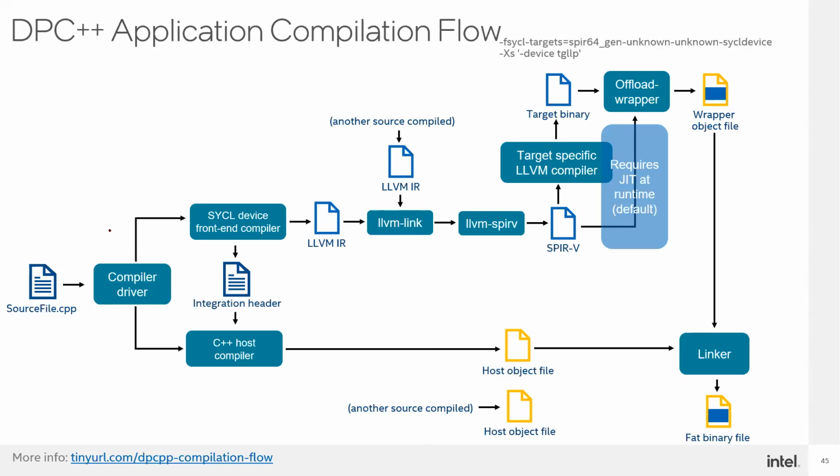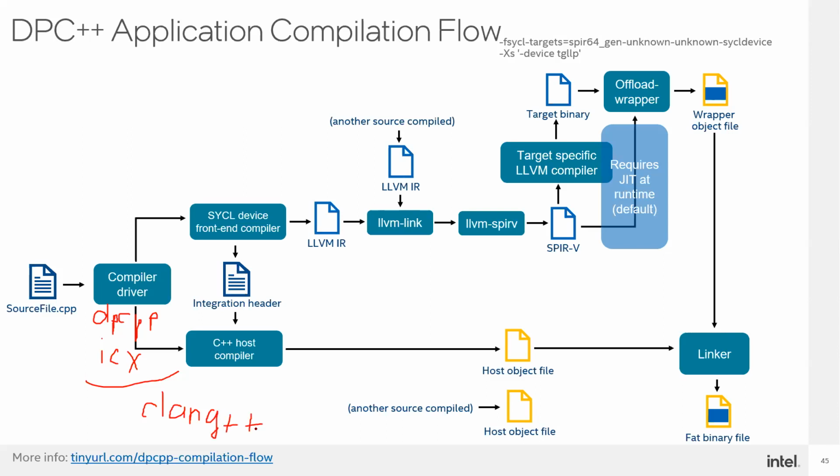But the compilation usually happens in this way. Once you invoke the compiler driver, and we expect it to be DPC++, but it can also be the ICX driver. Again, the driver is only some kind of wrapper. Finally, under the hood, both these driver names invoke clang++. So you can actually invoke clang++ if you want.